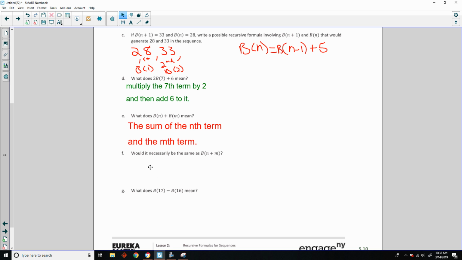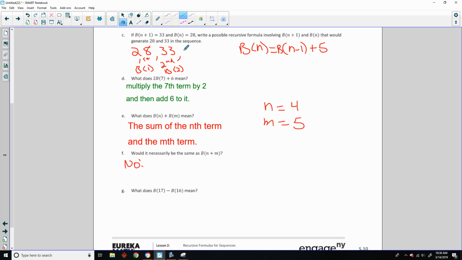F. Would it necessarily be the same as b of n plus m? Okay, and that answer would definitely be no. Because let's just say the nth term, let n equal 4 and m equal 5. Well, the fourth term in this would be, let me change colors now.